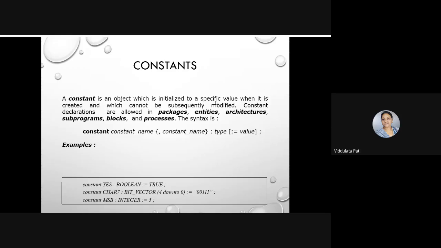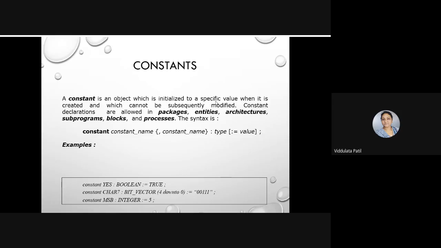So constant is an object which is initialized to a specific value when it is created and which cannot be subsequently modified. Constant declarations are allowed in packages, entities, architectures, subprograms, blocks, and processes.